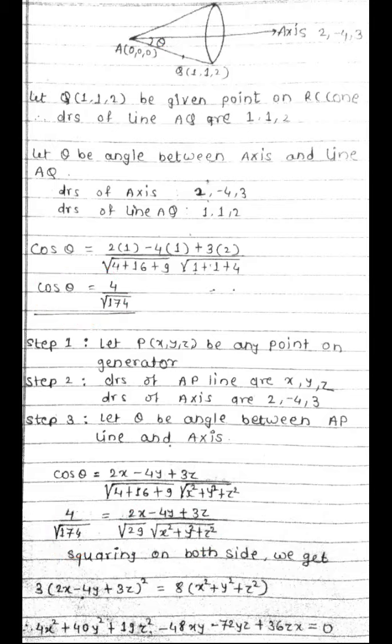To simplify, we take the cross product and square both sides. After squaring and simplifying, you obtain 3 on one side, and on the RHS it is 8. Now open the bracket square.